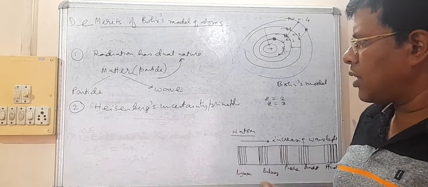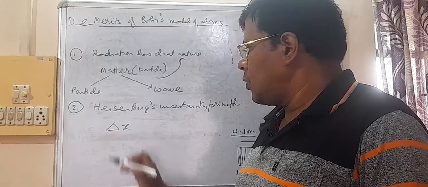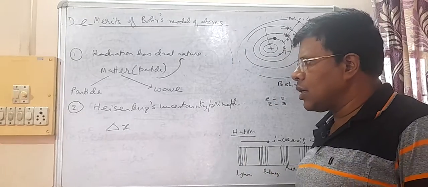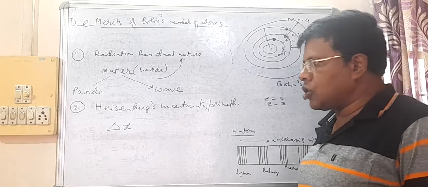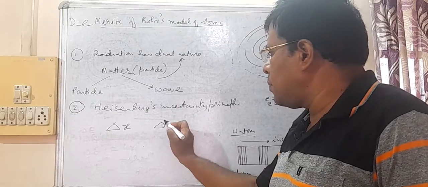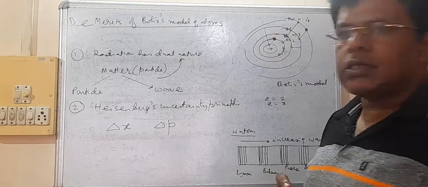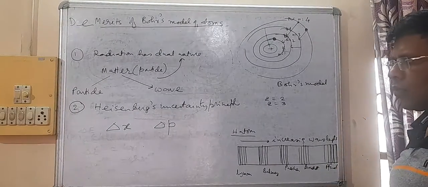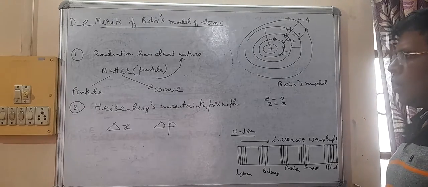So mathematically, Heisenberg's uncertainty principle will be like this: suppose delta x is the uncertainty in position of a microscopic particle, and suppose delta p is the uncertainty in momentum of the microscopic particle.